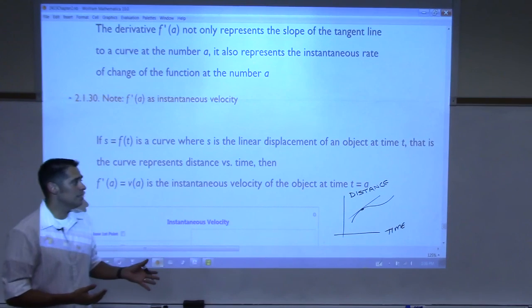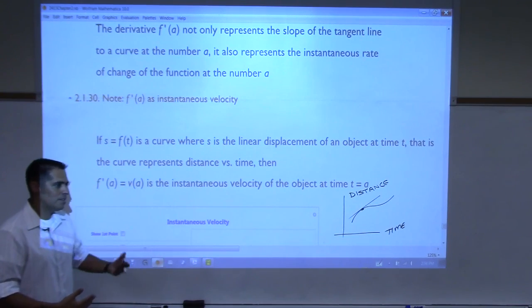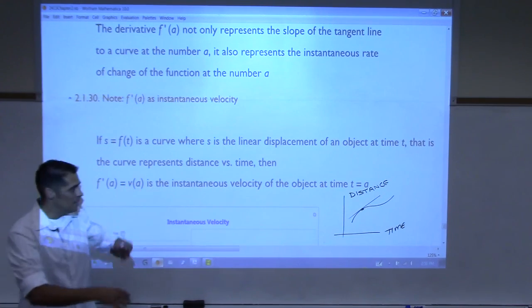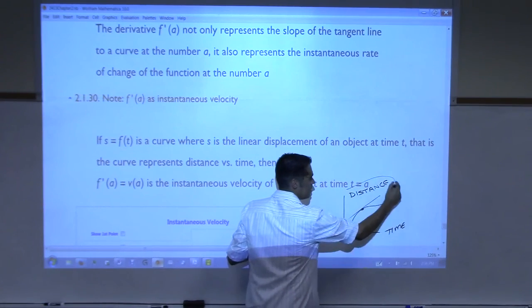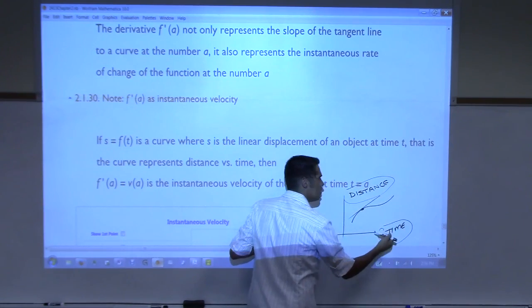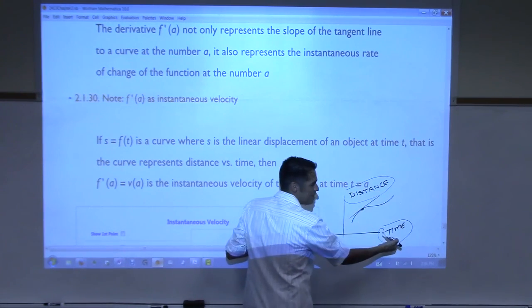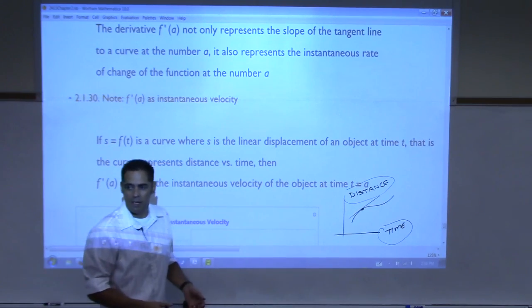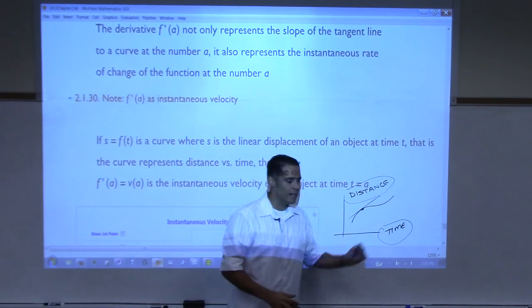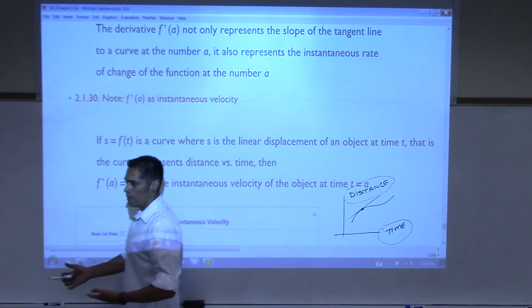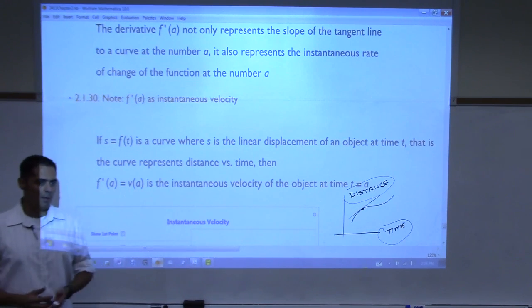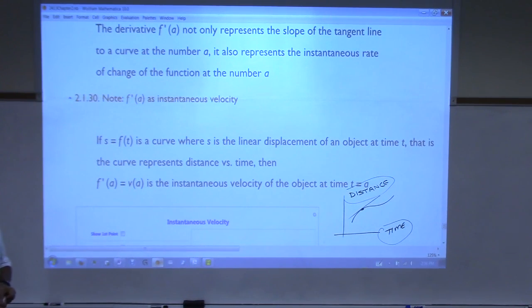Velocity is like speed, and speed is distance divided by time. I told you the slope would always be this unit divided by this unit. So if distance is miles and time is hours, it would be miles per hour. If distance is meters and this is seconds, it would be meters per second. It just depends on the problem, so please be aware of that.